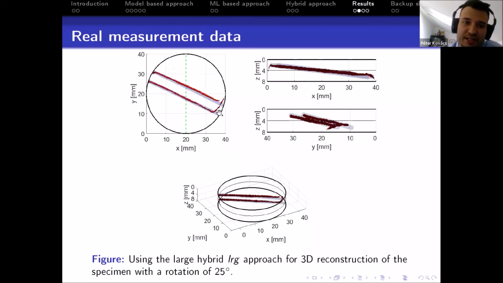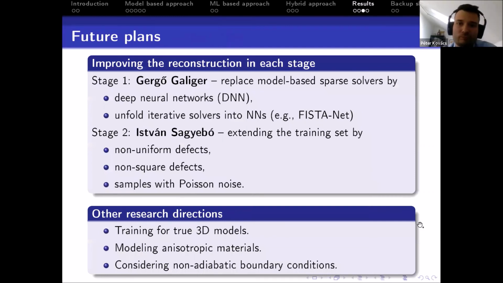This estimation degrades and artifacts appear if we rotate the test specimen, but still the estimation is much better than it would be with strictly model-based approaches.